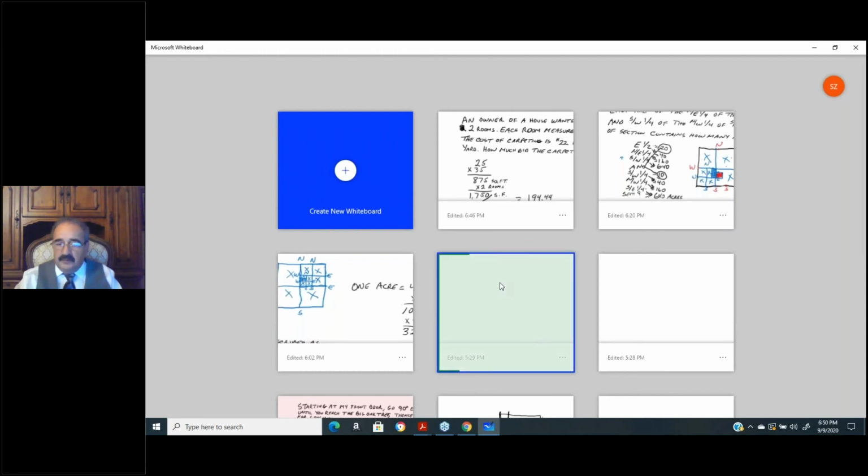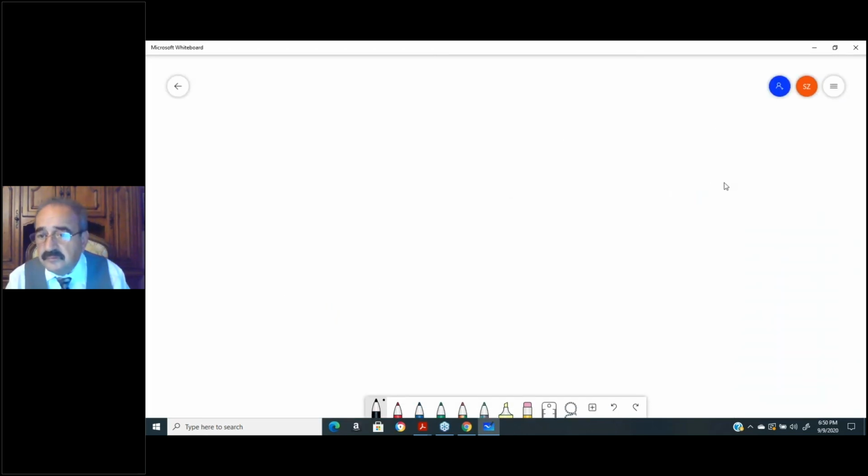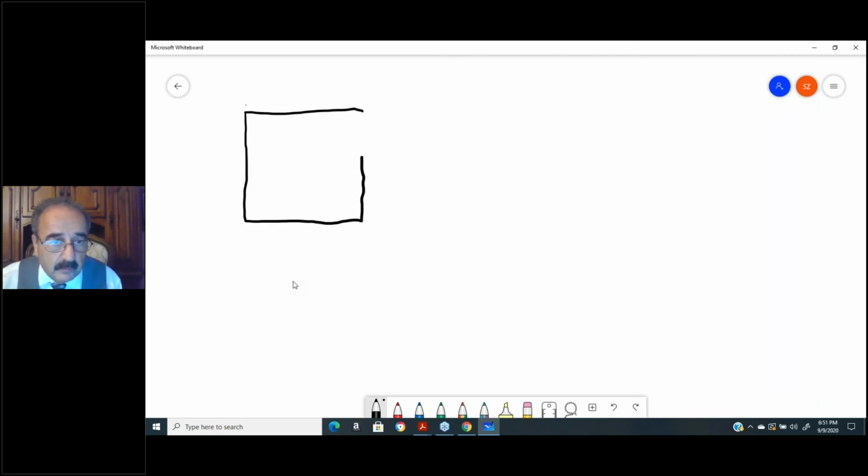So, this is a section right here. A section is 1 mile by 1 mile. Contains 640 acres.